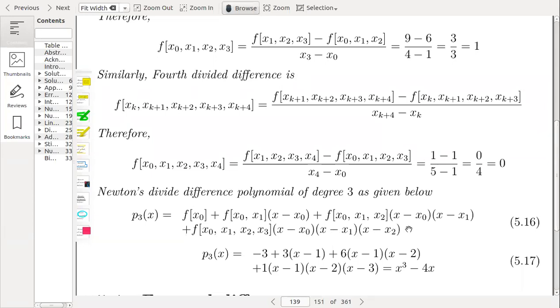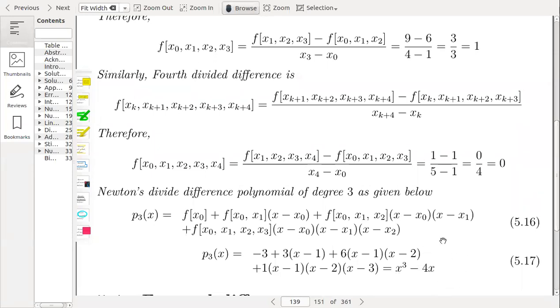So just substitute the values. This is the zeroth difference, minus 3 for the first, so then x0 minus x1, 3, and so on for the rest. Here you can construct the polynomial and you have the same polynomial which you were given in the question.